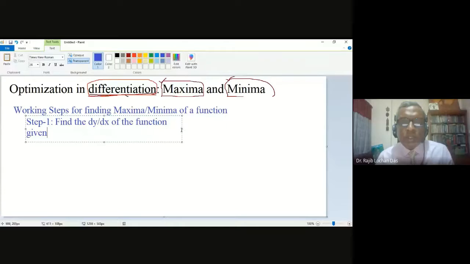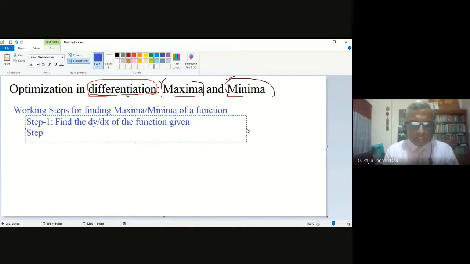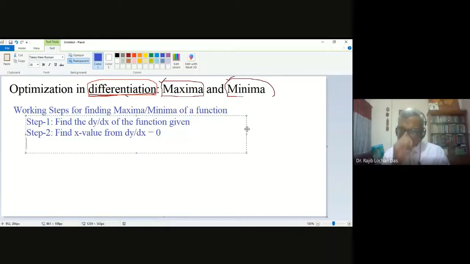After doing this, you will do the next step, and that is to find the x value from dy dx equal to 0. So this is the second thing you will do.